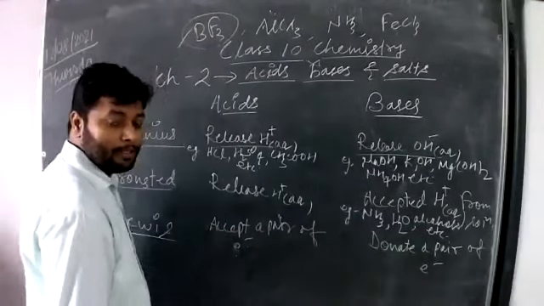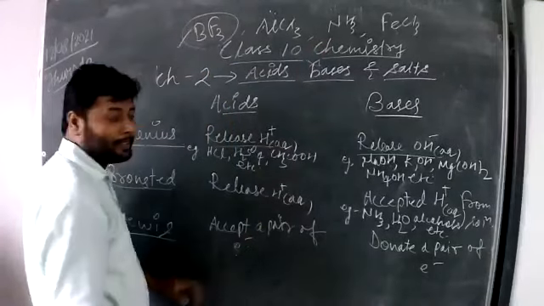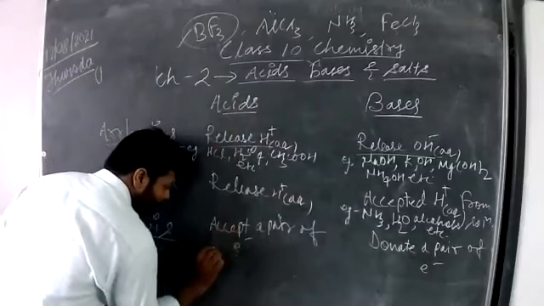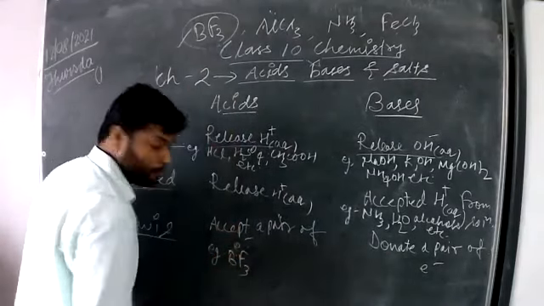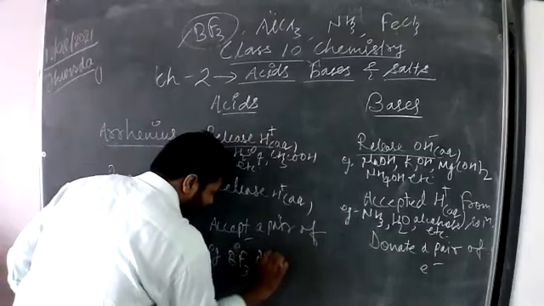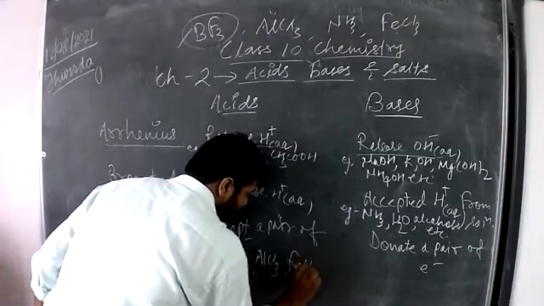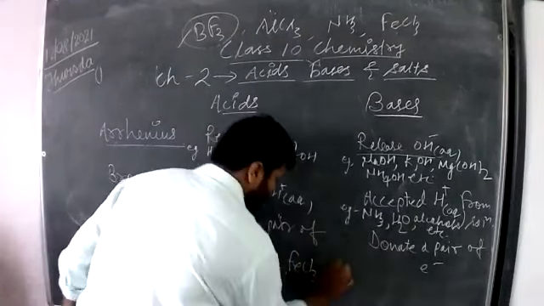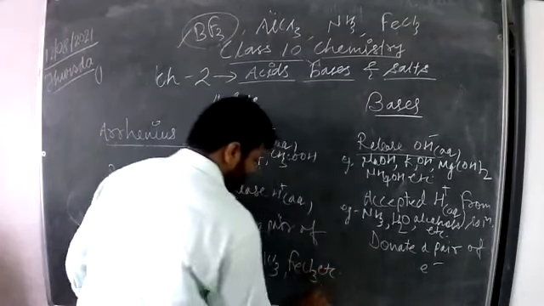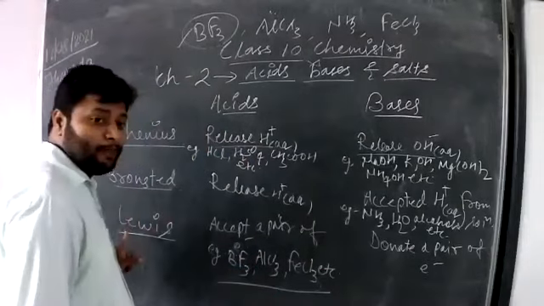And look at the Lewis. All these examples belong to the Lewis character. BF3, AlCl3, FeCl3, etc. These are some common examples of Lewis acid.